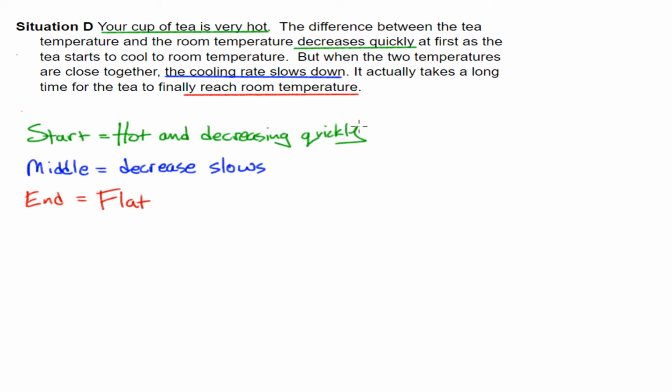So if we sketch these out, decreasing quickly is going to be going down like this. So it would be going down. In the middle, I want to slow down, so I'm going down still, but not as steep. And at the end, I'm going nice and flat. There we go, nice and flat. So let's graph this out.